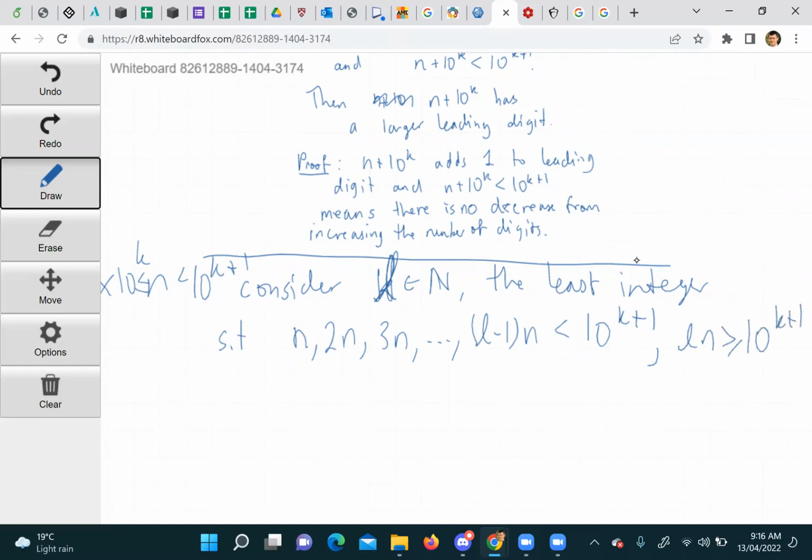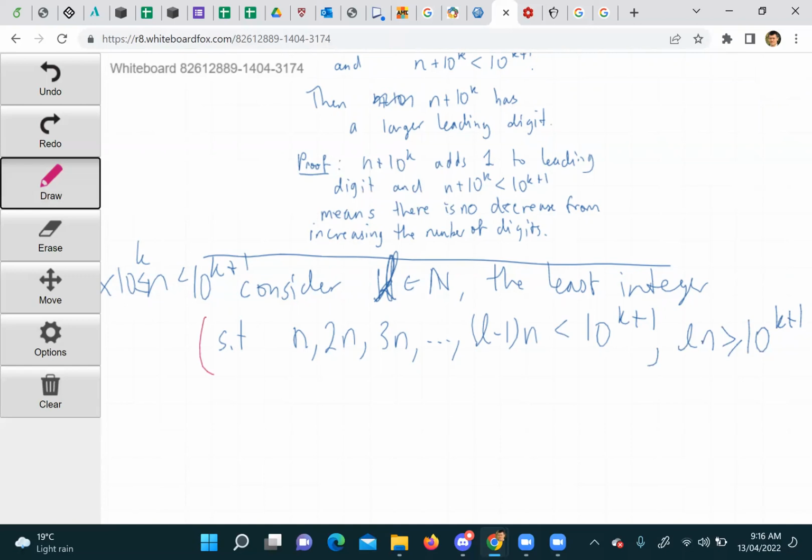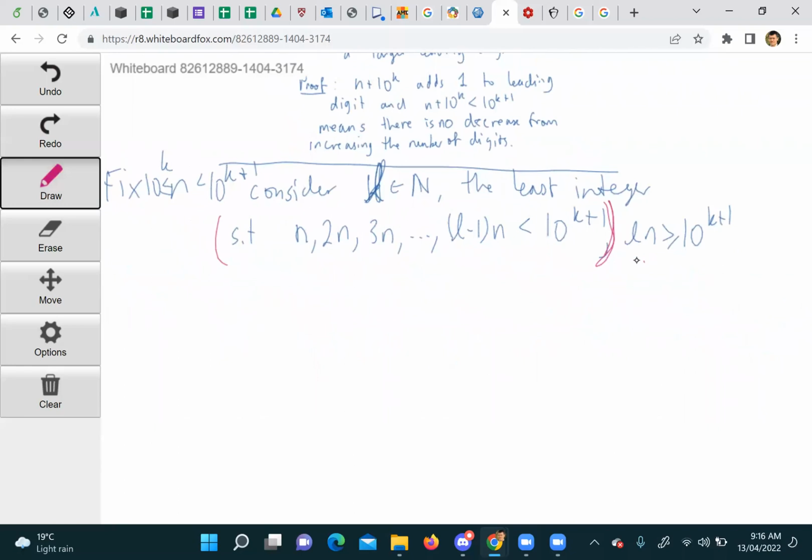You could actually skip this part, you don't even need to state it. L being the least integer such that ln is greater than or equal to 10 to the k plus 1 already means that, but that's sort of an explanation. You can also say the largest integer and then not write ln, so that n to (l minus 1)n is less than 10 to the k plus 1.